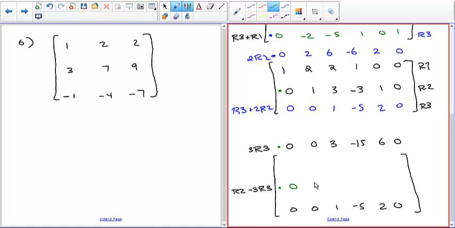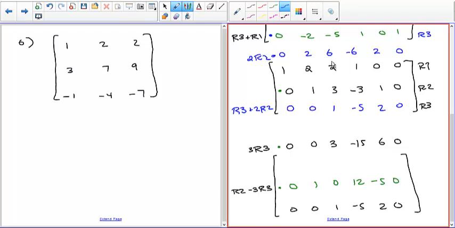This minus that is 1. This minus that is 0. Negative 3 minus a negative 15. That's negative 3 plus 15, which is 12. Then we have 1 minus 6, which is negative 5. And 0 minus 0, which is 0.